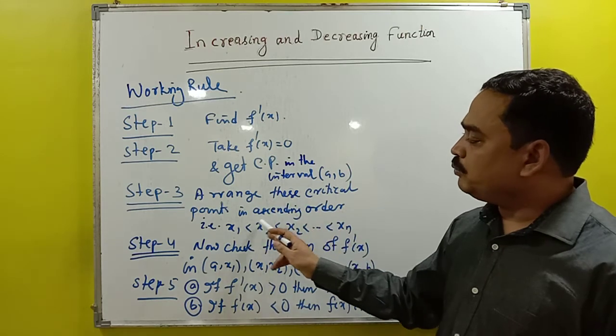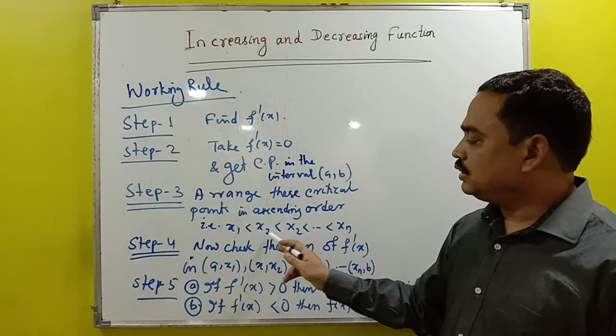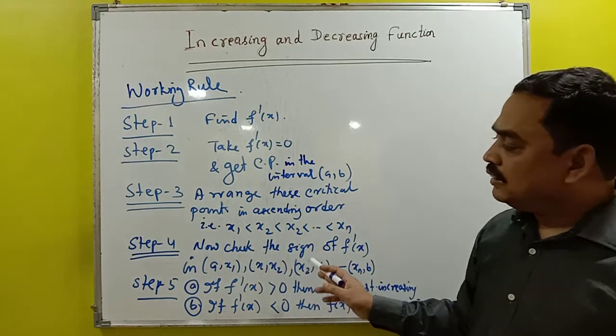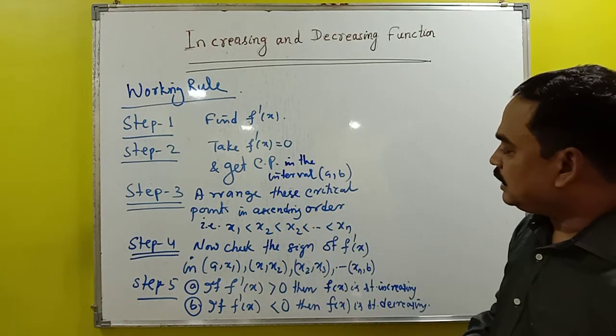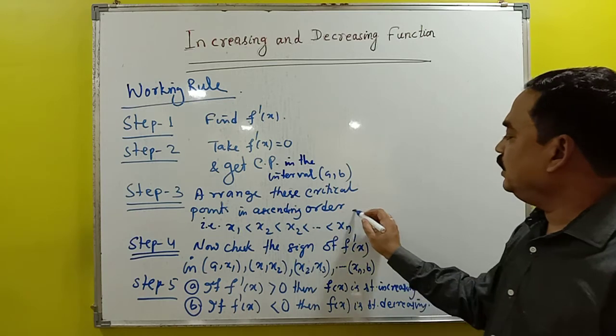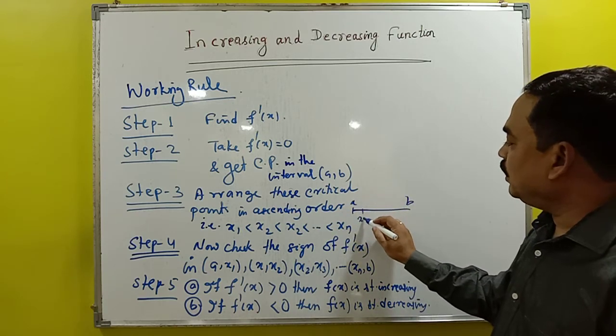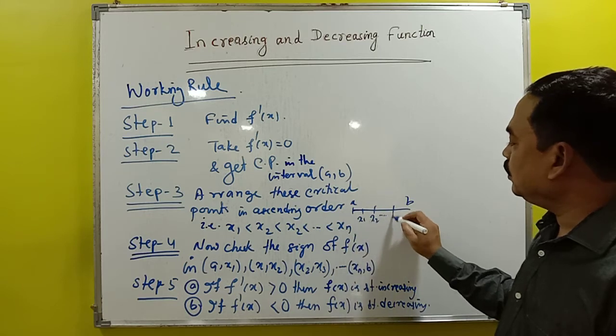Arrange these critical points in ascending order x1, x2, x3, up to xn, and after getting them, divide the interval. Suppose this is a and this is b, here x1, here x2, and here xn.